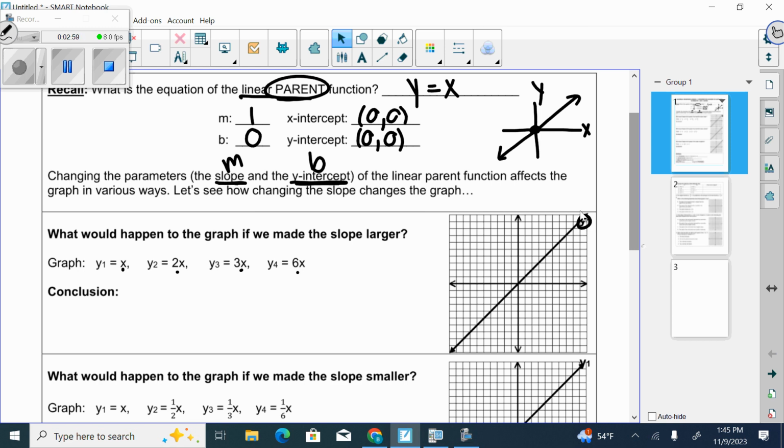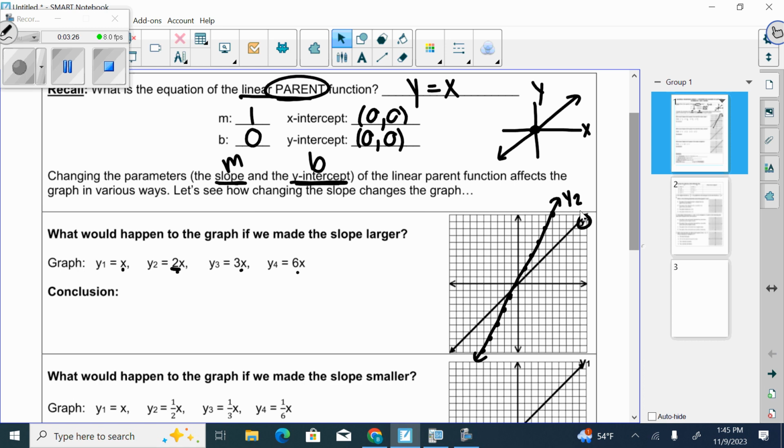So it still starts at 0, 0, but instead of going up 1 over 1, a slope of 2 means to go up 2 and over 1. All right, so this is the graph that we would see for y2.